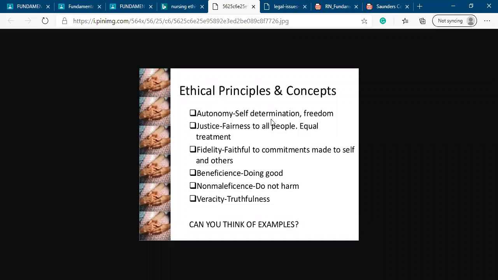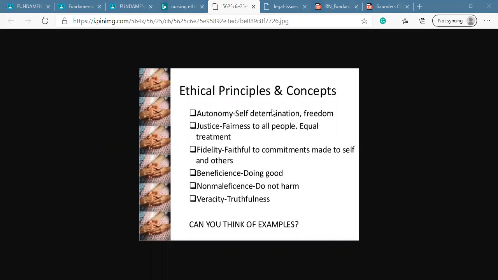As an example, if a patient is diagnosed with carcinoma or a malignant tumor, and the doctor or you as an RN think the best treatment option is radiotherapy.